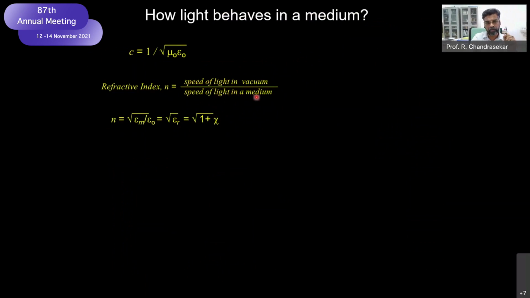The speed of light in a medium determines the refractive index: the ratio of the speed of light in vacuum to the speed of light in a medium. For a non-magnetic material, the refractive index n is related to the dielectric permittivity, which we call the dielectric constant. It is also connected to another very important parameter called chi, the electric susceptibility. This chi determines whether the material is linear or optically non-linear. So refractive index is a very important requirement for photonic materials.